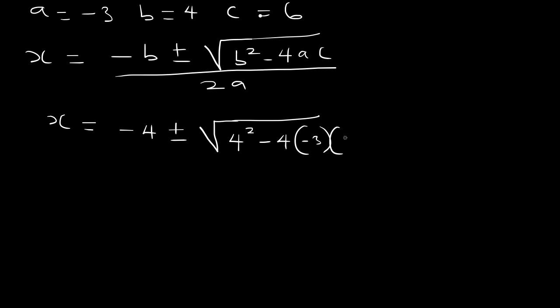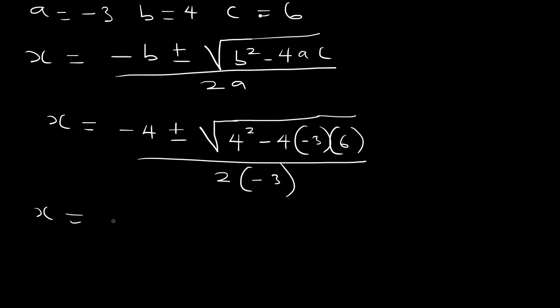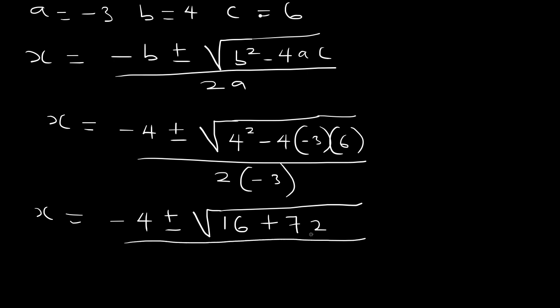C is 6. So we'll divide by 2 times minus 3. So we'll have that x is equal to minus 4 plus minus the square root of 4 squared is 16. Minus 4 times minus 3 is plus 12, and plus 12 times 6 is 72, and we'll divide by 2 times minus 3 is minus 6.